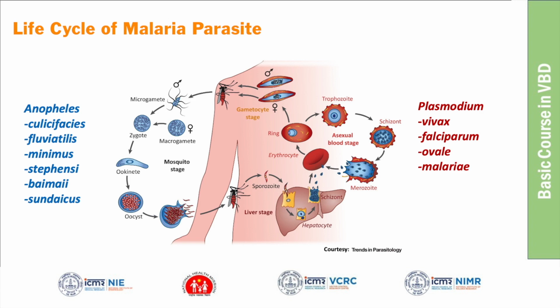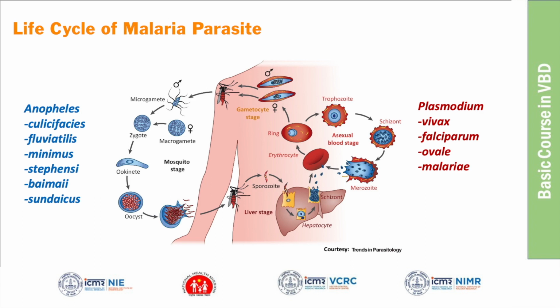And in our country, there are several vectors involved in the transmission of Plasmodium. For example, Anopheles culicifacies in the rural areas, Anopheles fluviatilis in the foothill areas, Anopheles minimus again in the Terai belt and in the northeast, and also it has been found in Odisha in the foothill areas.